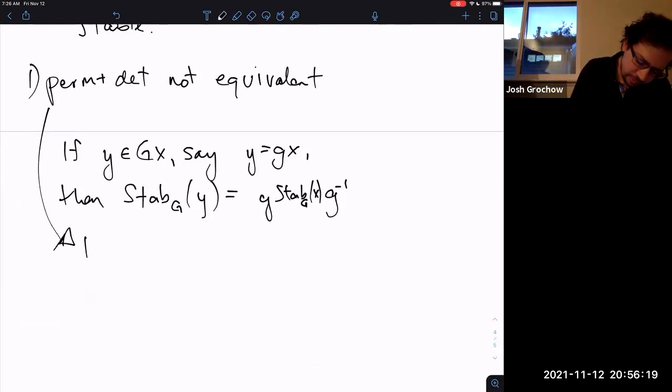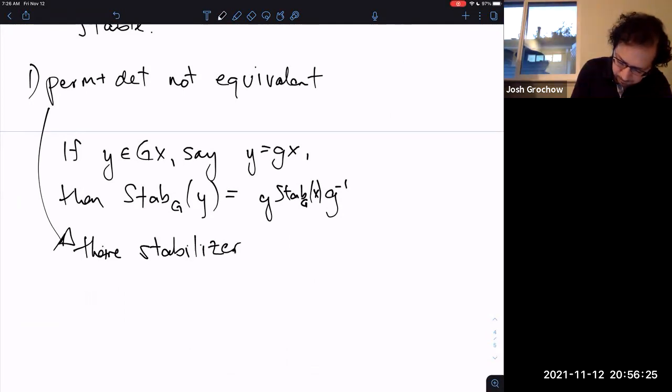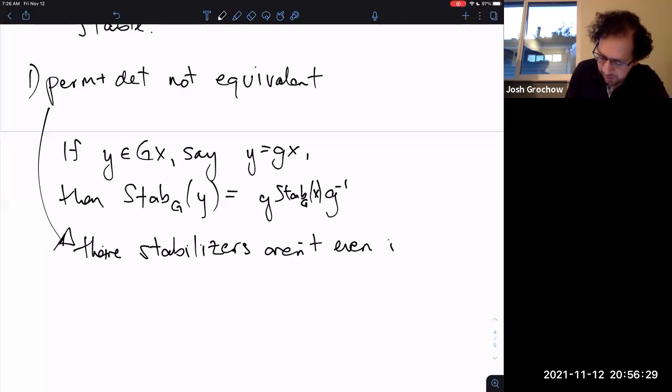Why? Their stabilizers aren't isomorphic. Maybe I should say they aren't even isomorphic. They could have been isomorphic but not conjugate, but they're not even isomorphic.